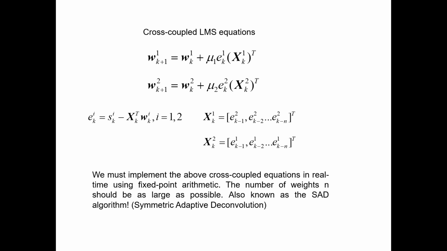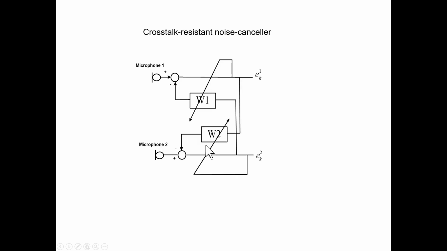If you make them too small, the convergence will be too slow and you won't get very good quality. These are regressors, past values of the error signals, because we've got two error signals, E1 and E2. I won't bore you with any more details, but this is the block diagram of how it works: the error on this one and the error on this one, updating the weights.